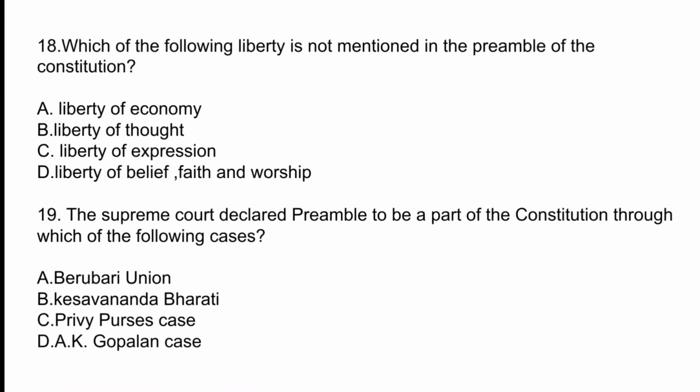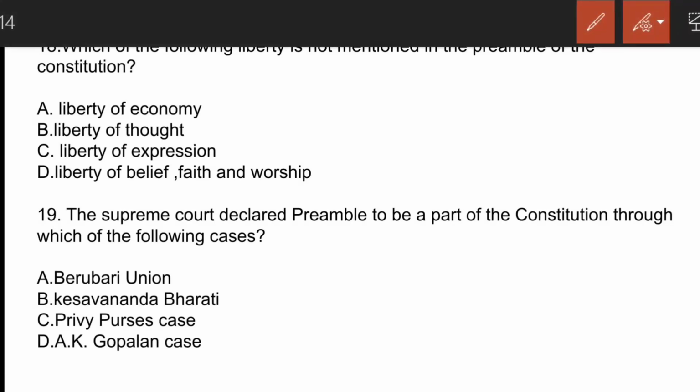Which of the following liberties is not mentioned in the preamble of the Constitution? Here you have to remember that it is not mentioned in the preamble. So the correct answer here is option A, that is liberty of economy. In the preamble of India, there are 5 types of liberty mentioned. They are liberty of thought, expression, belief, faith and worship.